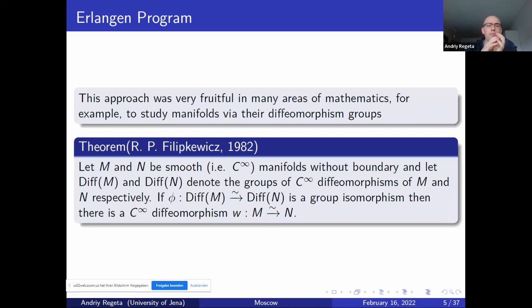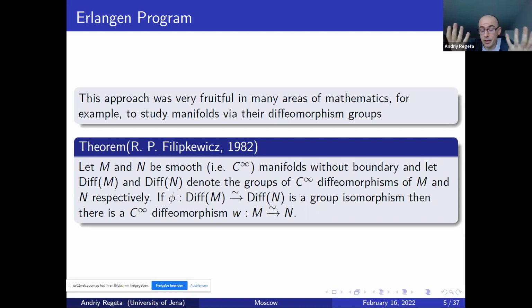Let M and N be smooth manifolds without boundary, and let their groups of diffeomorphisms be isomorphic as abstract groups. Then there exists a diffeomorphism from one manifold to another. So that's basically what we want.